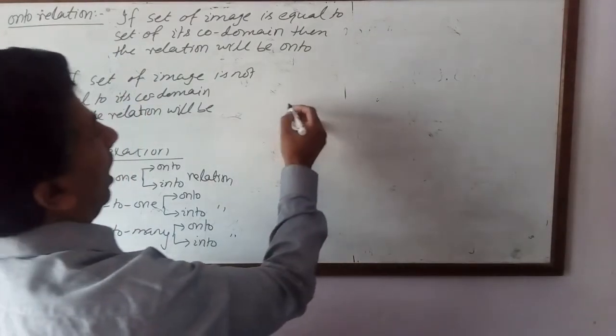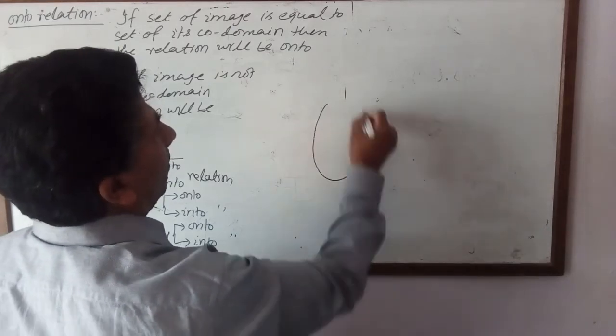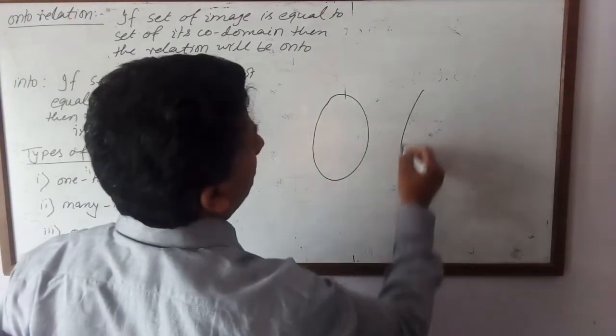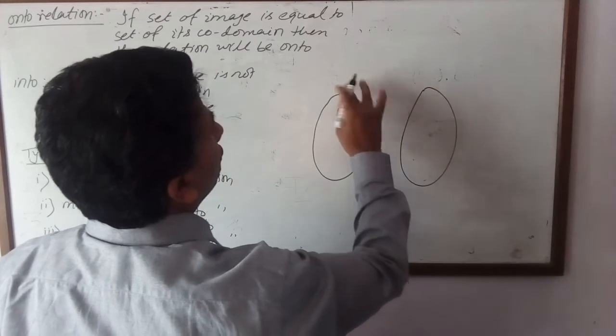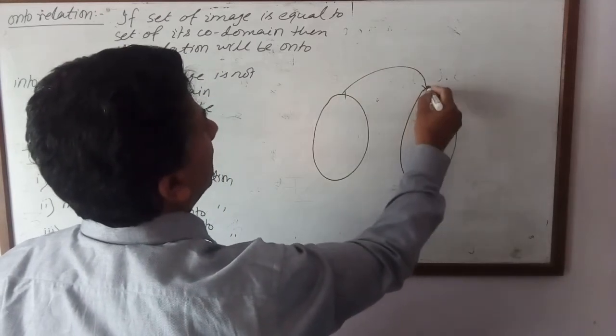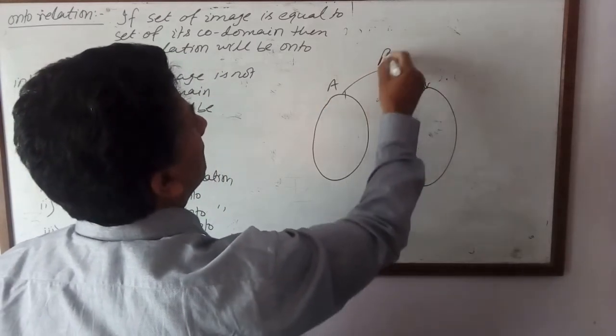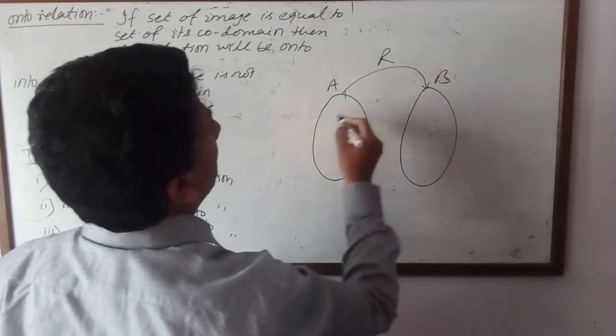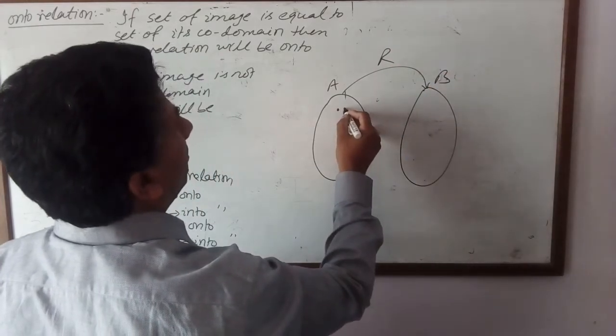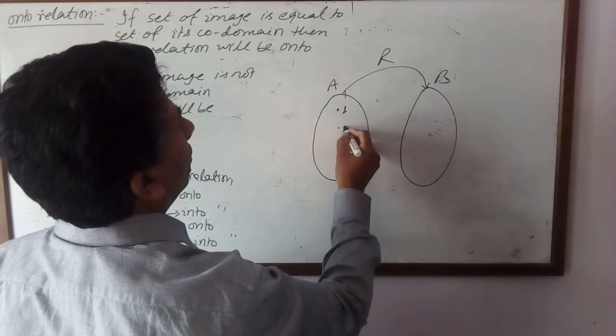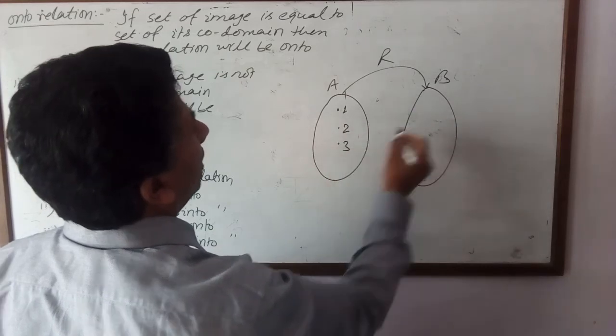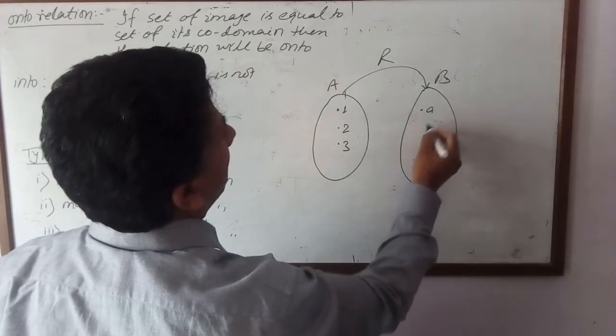I'll take one example to make you clear. Suppose there is set A, and the relation goes to set B. I'll take a few elements: 1, 2, 3 on this side, and A, B, C on the other side.